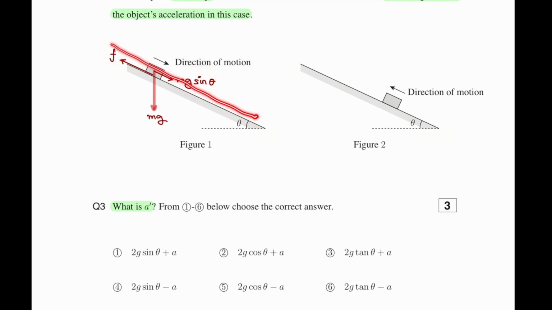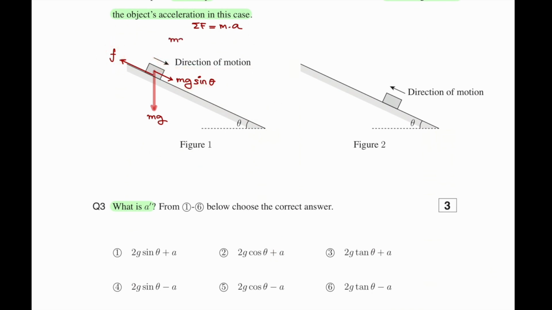So if I use Newton's second law, net force is equal to m times a. I have mg sin theta minus f, because the direction of motion is going down. So mg sin theta is the positive direction and f is the negative direction.